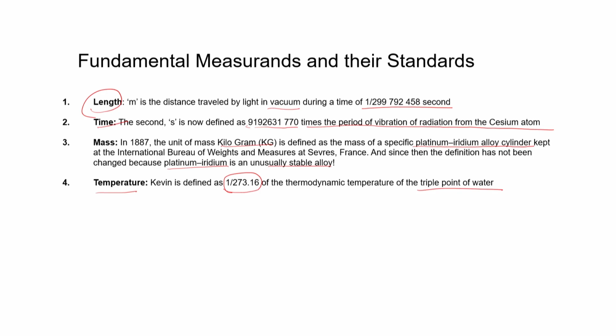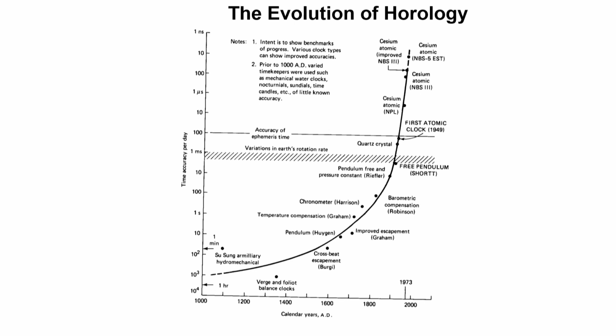Now, out of these, the most interesting one is the time. The evolution of horology, that is the measurement of time, if you look at it, you would see that there was a time when people used different types of balance clocks, then they used different types of pendulum based systems like Huygens' famous system.